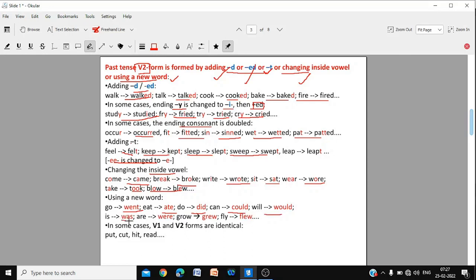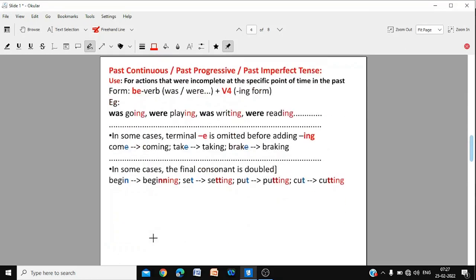Is, was. Are, were. Grow, grew. This can also be regarded as changing the inside vowel, of course. Fly, flew. In some cases, V1 and V2 forms are identical. Put, cut, hit. In these cases, V1 and V2 forms are similar.